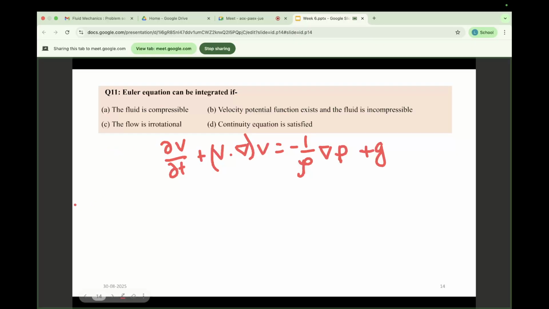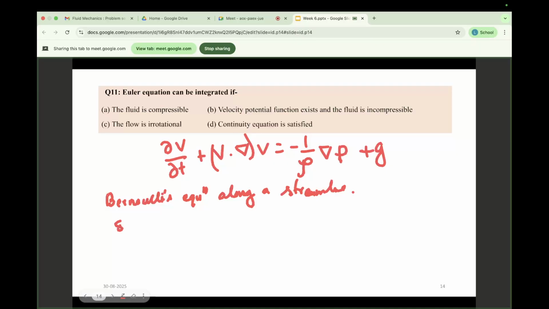So if I talk about Bernoulli's equation along a streamline, what are the assumptions?